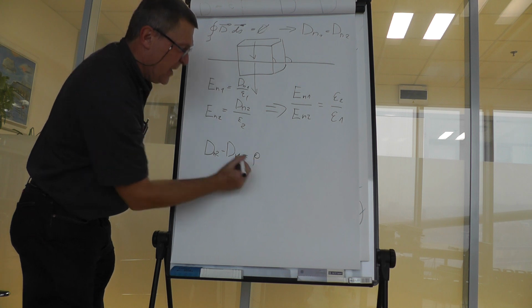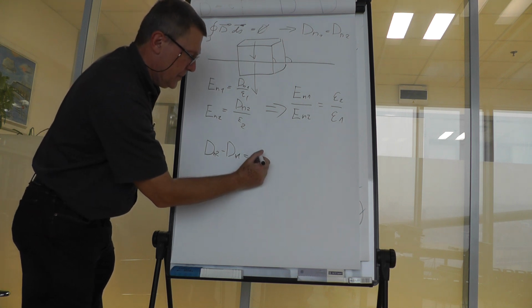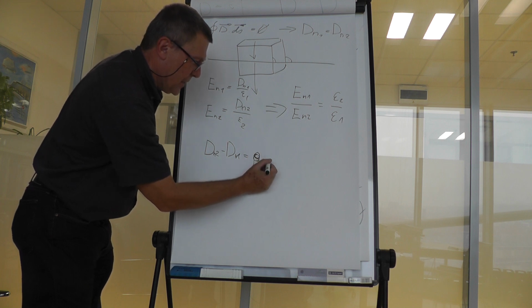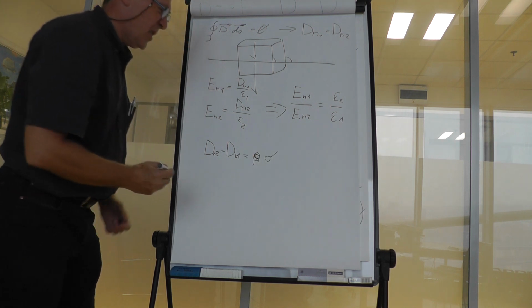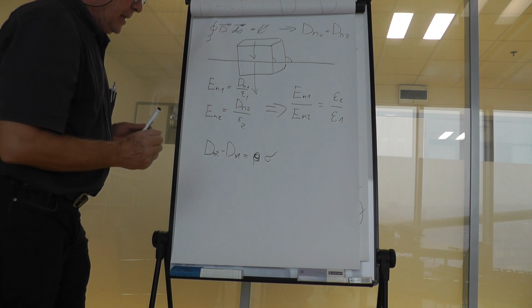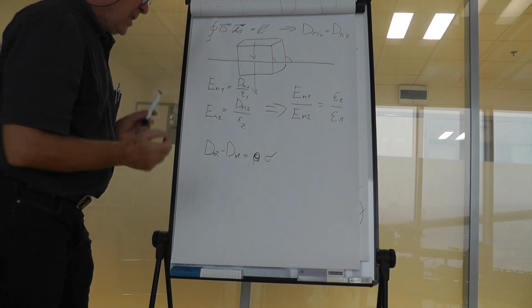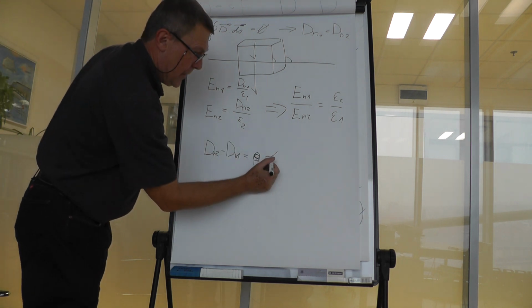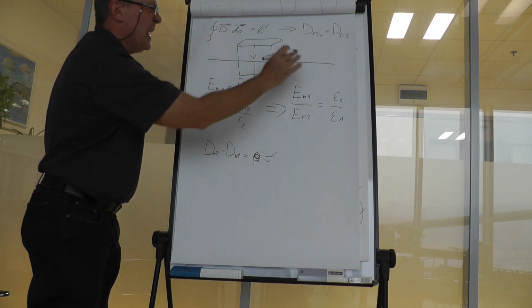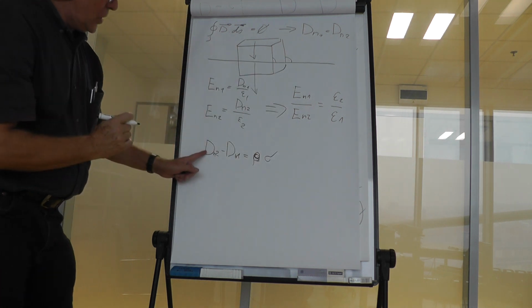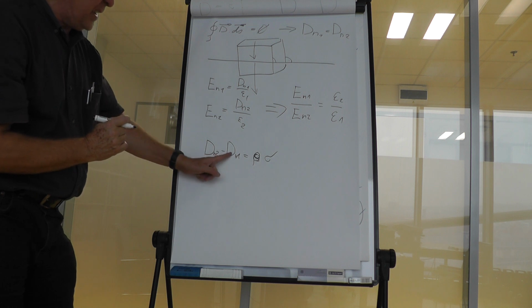I would use sigma as the charge density over the surface. So this is the charge sitting at the interface, and it causes those two values to be different.